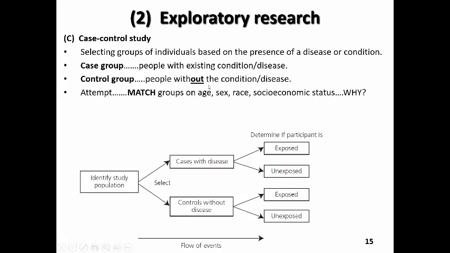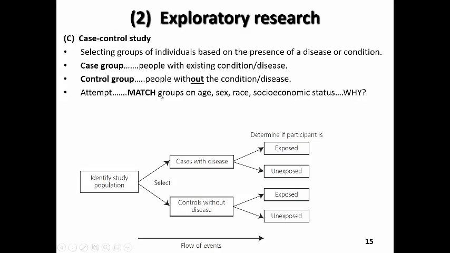Now, one of the challenges in conducting a case control type of study is that the researchers should make every attempt to match the groups on a number of characteristics. Some of those characteristics include age, sex, race, ethnicity, which is not listed here, and socioeconomic status as well.